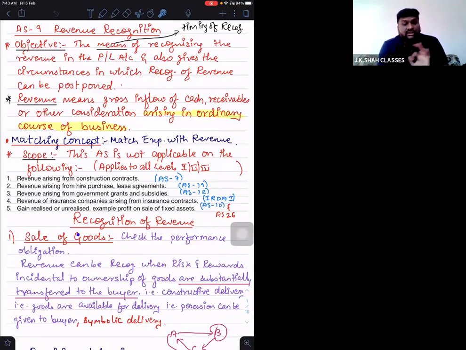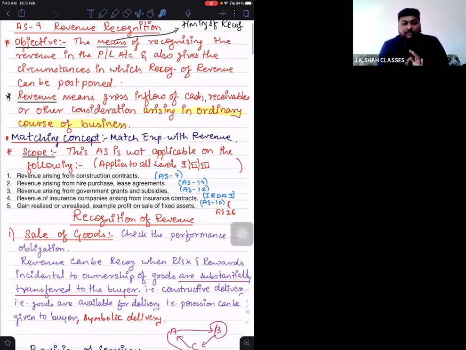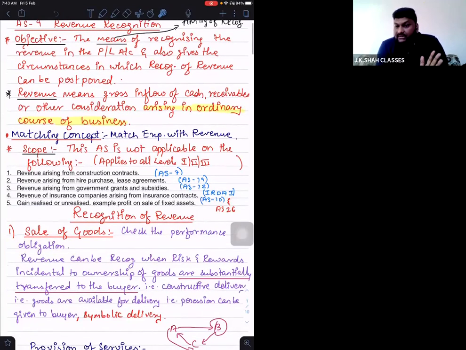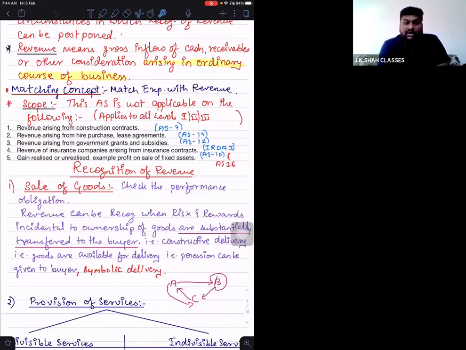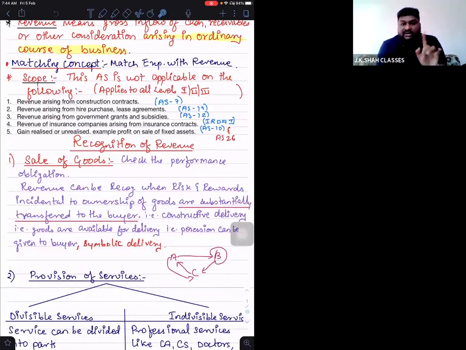So with respect to sale of goods, it is very important to understand what is the performance obligation of the seller. If the performance obligation is done, you can definitely record revenue. I'll give you an example with respect to lifts. Lifts you have in your apartments or the lifts that you see in commercial complexes.